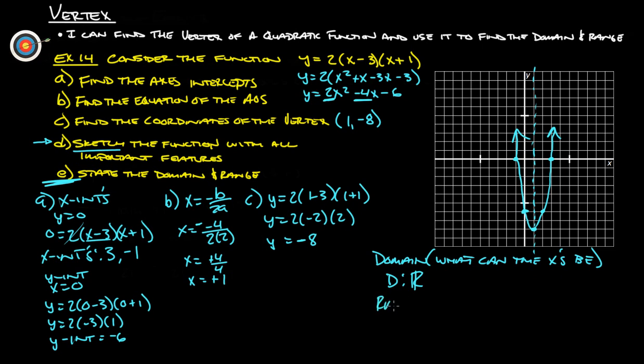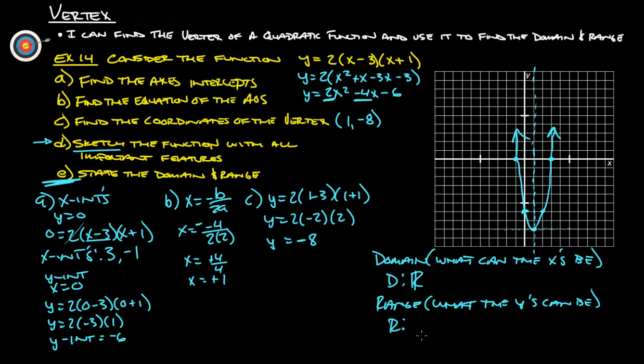Okay. Range is what the y's can be, right? So that is the range. If you'll notice here, we have a minimum right down here. And the lowest the y value ever gets here is -8, right?